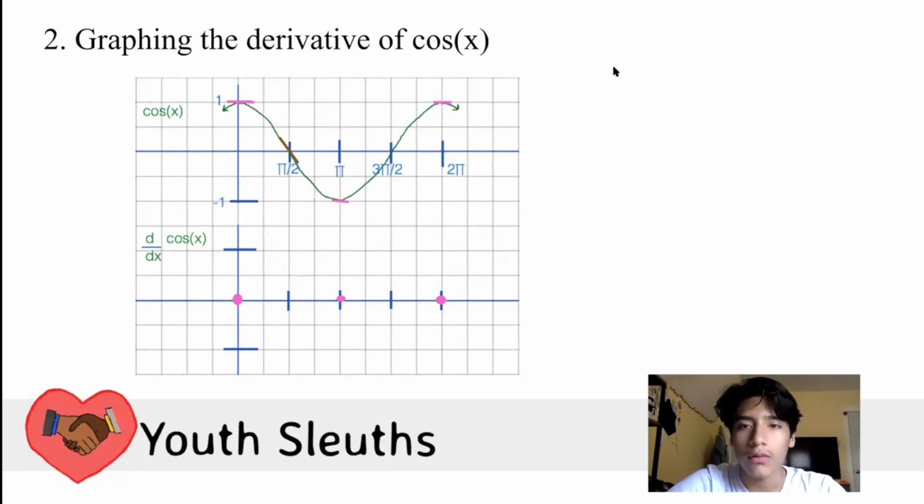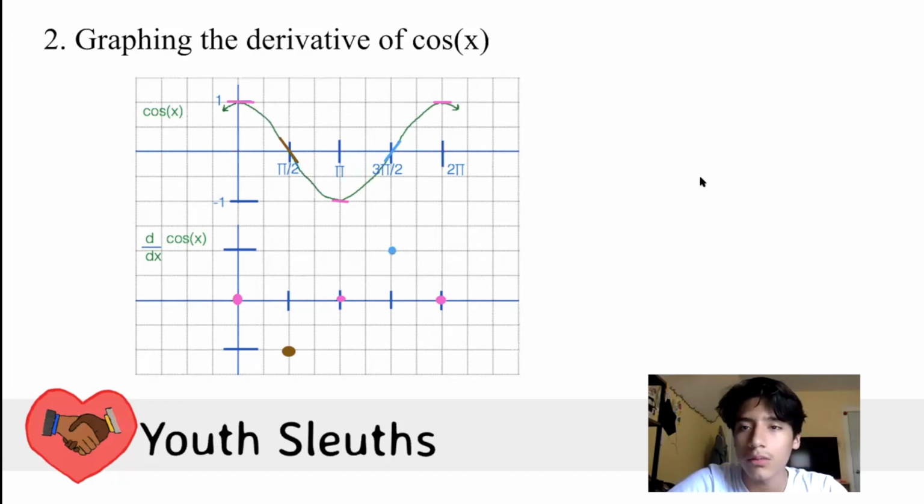So on the derivative, we will graph this as -1. And then at 3 pi over 2, we have an instantaneous slope of +1. And so on the derivative, we're going to point out the +1.